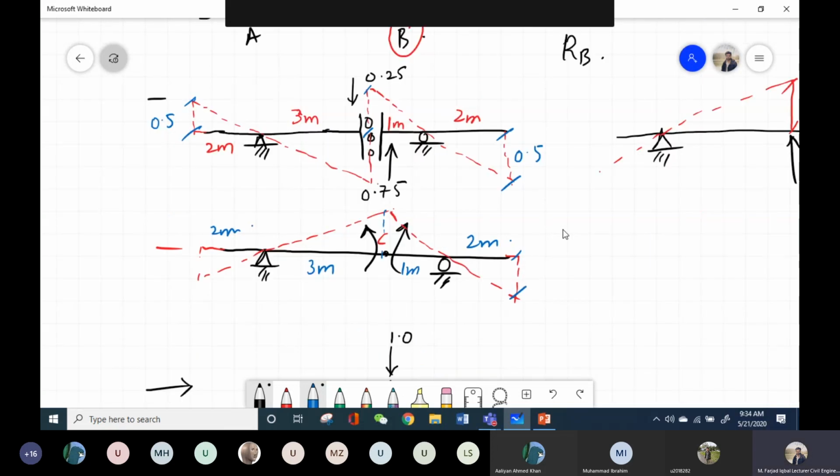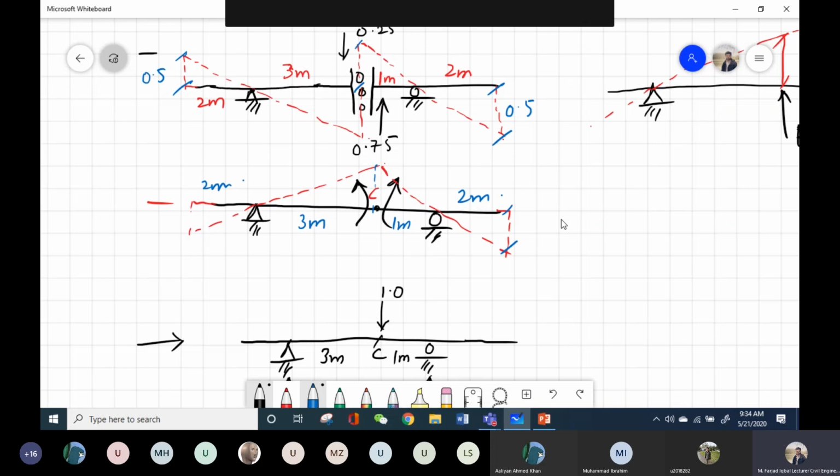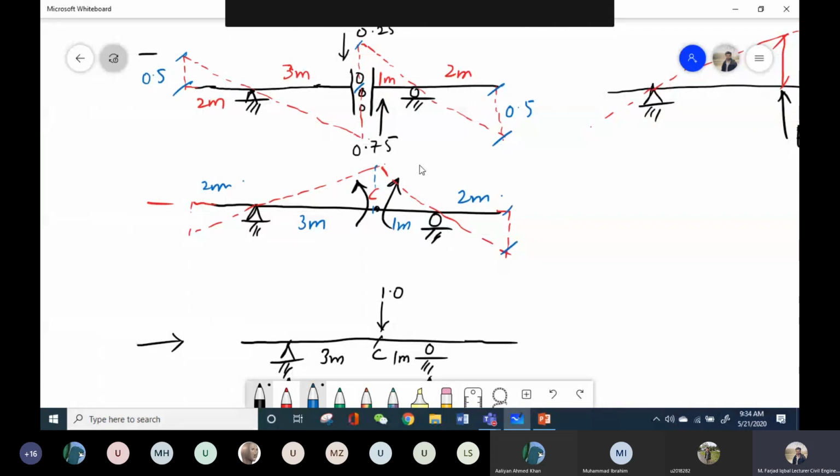So in this beam, can you tell me what will be this value of bending moment? 1.5. 0.5, sir. These are my two triangles. So for 1 meter, the value is 0.75. Okay. So what will be the value for 2 meter?